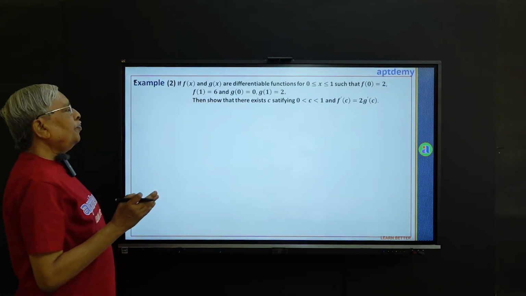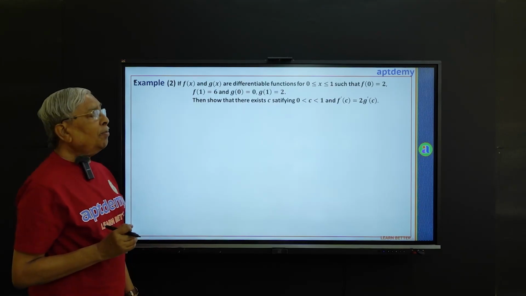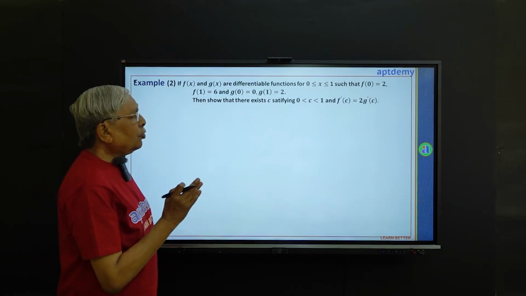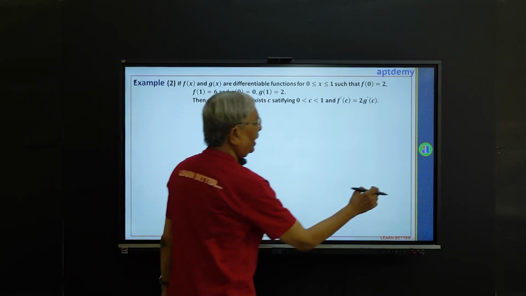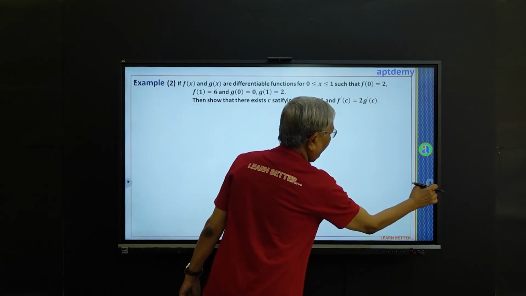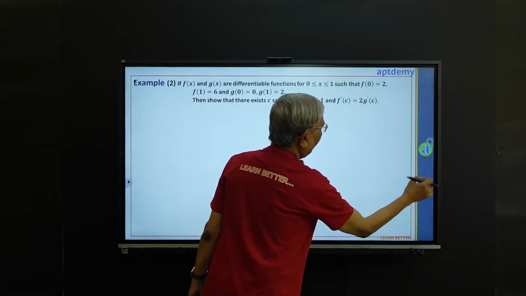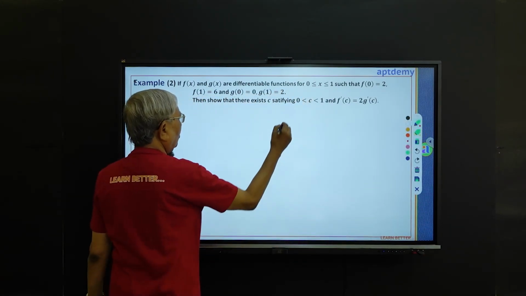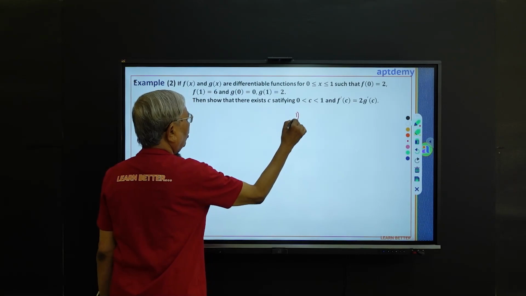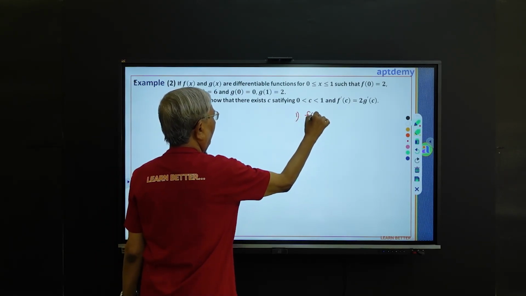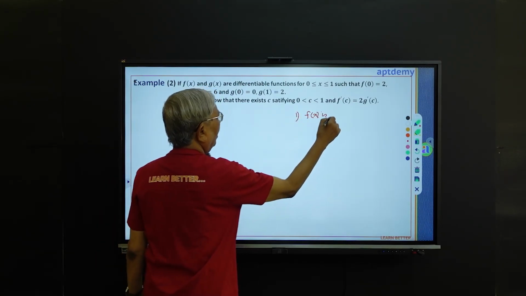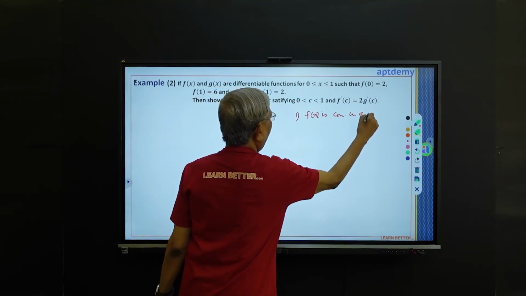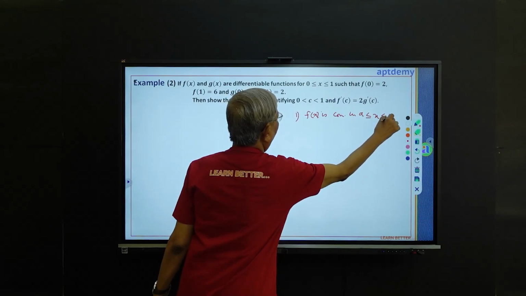Next we come to a problem on the application of the mean value theorem. We should first state what we mean by the mean value theorem. What are the conditions? Number one, f(x) is continuous in the closed interval a less than or equal to x less than or equal to b.